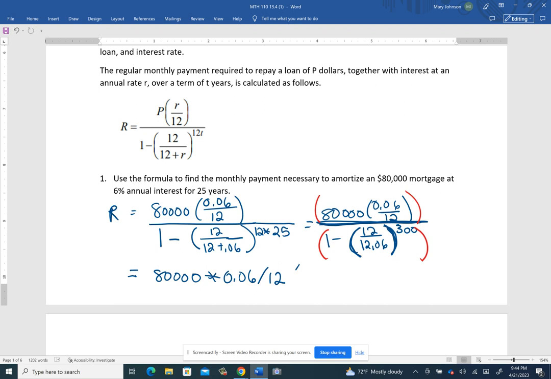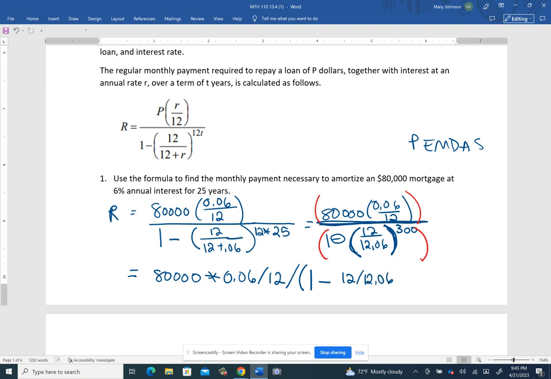All right, then I need to divide by, and here's where we can get into trouble if we're not careful. This right here is a minus sign, and subtraction, if you think about PEMDAS, happens near the end of a process. So what I really need is this left parenthesis when I put in this 1 minus the 12 divided by 12.06.